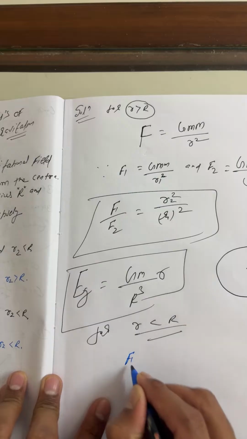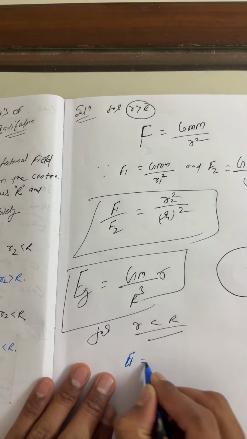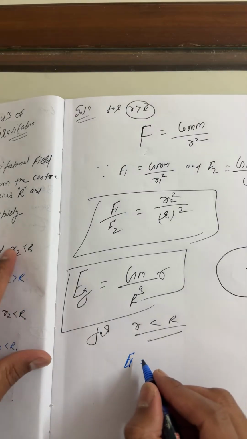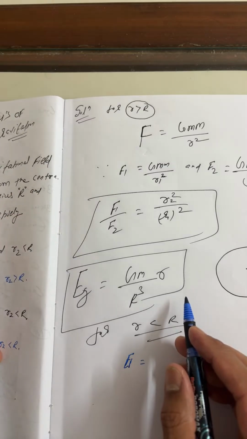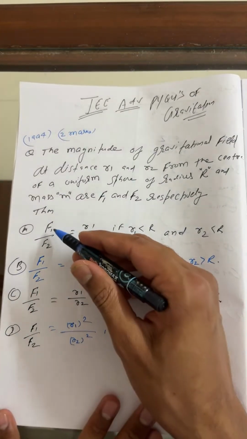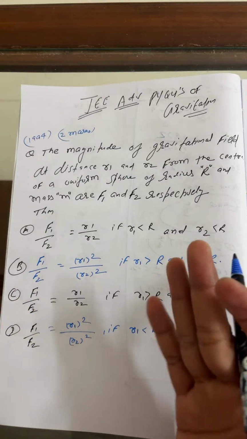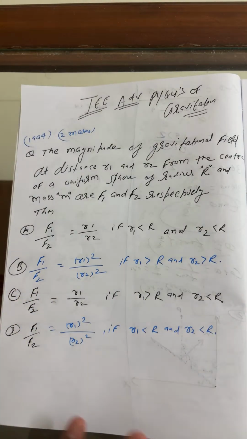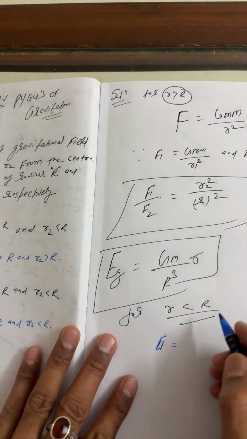For r less than R, let us suppose E1. What they have taken is the magnitude of gravitational field at distances r1 and r2. In the options they consider the gravitational field E1, E2, not force.